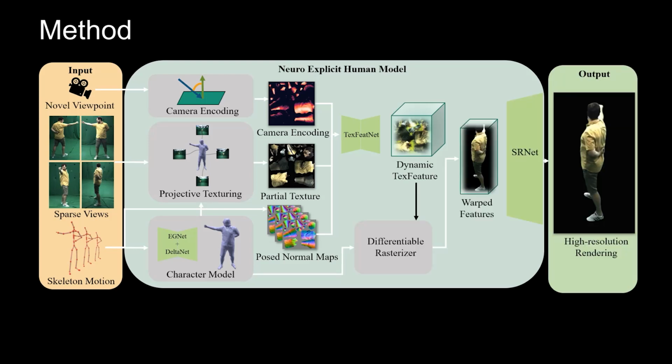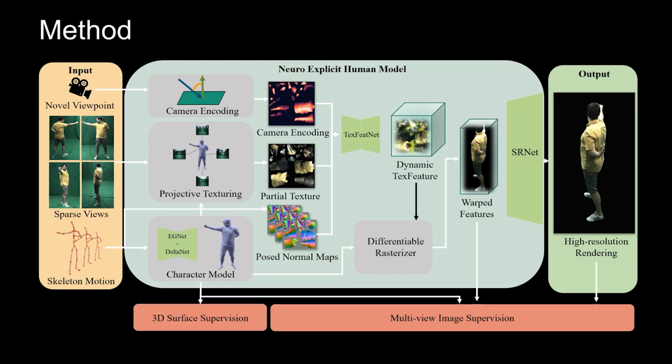Instead, we render the dynamic texture and the deep features into screen space and pass this feature image into our SRNet, which upsamples the feature image to 4K. The result is not only of higher spatial resolution, but the SRNet also effectively learns to handle the mesh boundaries and resolves undesired artifacts. Our TextNet and SRNet are supervised using 4K multi-view imagery, whereas the deformable mesh model is supervised on ground truth meshes obtained from the recent state-of-the-art implicit reconstruction method NEUS2.